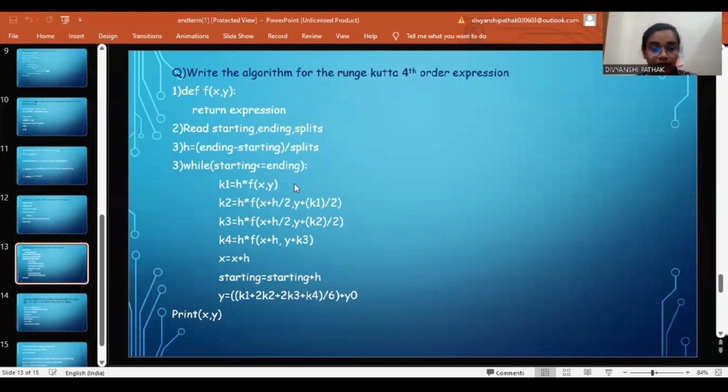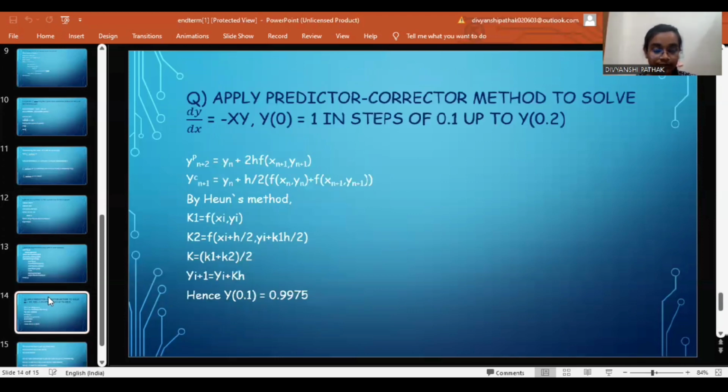To calculate k1, the formula is h into function of the parameters x and y. Here, the function f is invoked and it will return the expression which will be multiplied by the value of h and will give the value of k1. Similarly, k2, k3, and k4 are evaluated. And x equals x plus h, starting equals starting plus h. Now, y is calculated with the help of the formula k1 plus 2k2 plus 2k3 plus k4 upon 6 plus y naught. And at last, we will print the values of x and y.